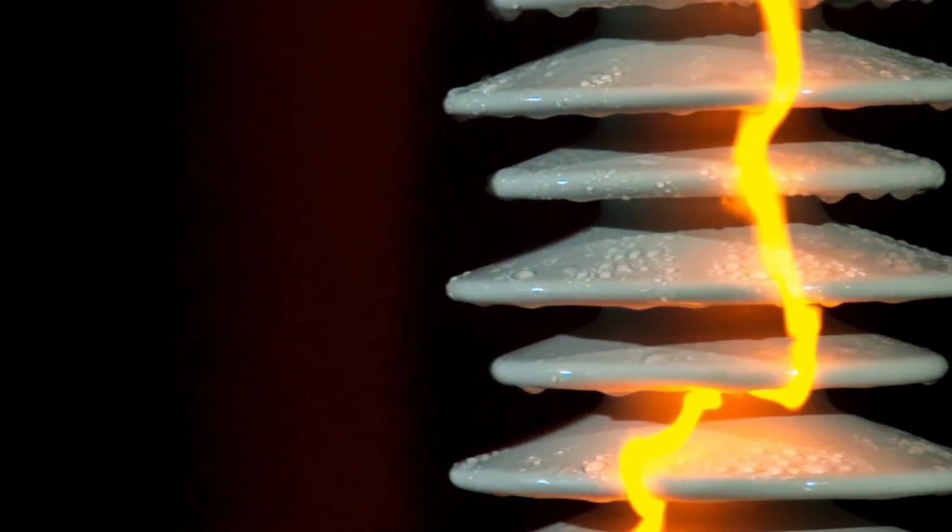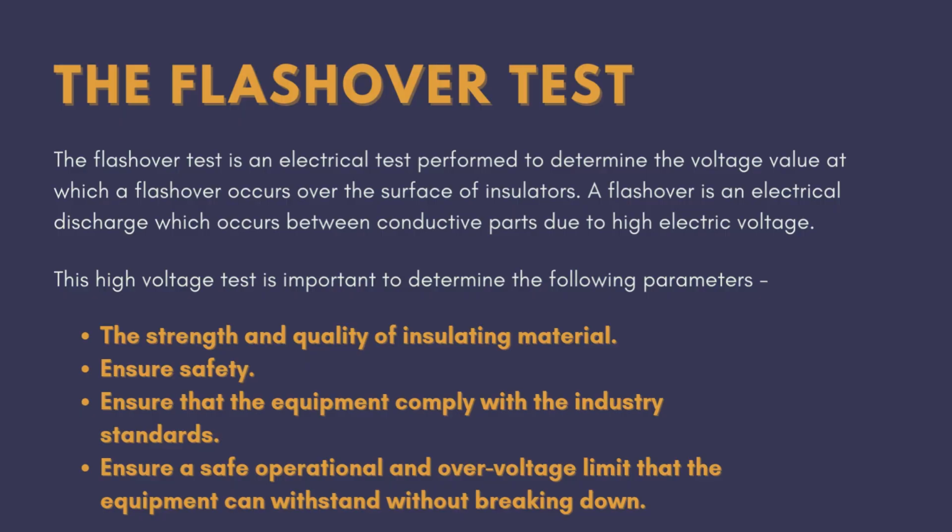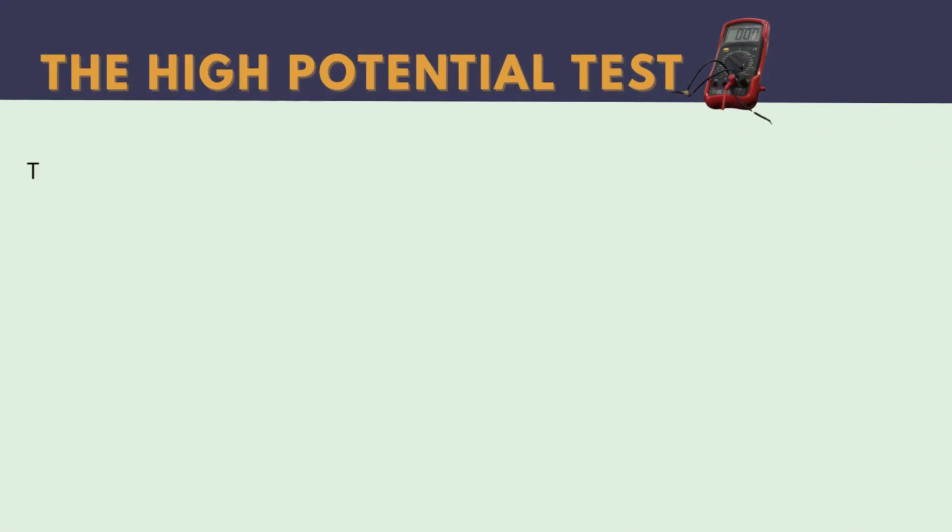This high voltage test is important to determine the following parameters: the strength and quality of the insulating material, and to ensure safety. Again, it ensures that the equipment complies with the industry standard. It also ensures a safe operational and overvoltage limit that the equipment can withstand without breaking down.